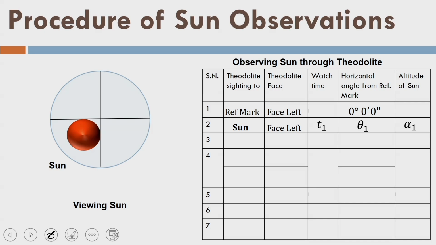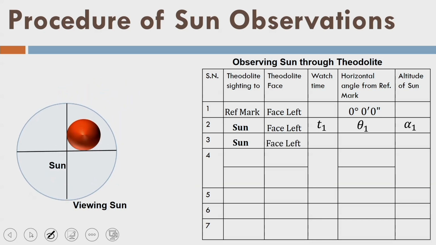Now again with the face left, I will bring the sun in the face left only in this quadrant, cross. So I brought the sun from third quadrant to the first quadrant, and now I will measure time, theta and alpha.